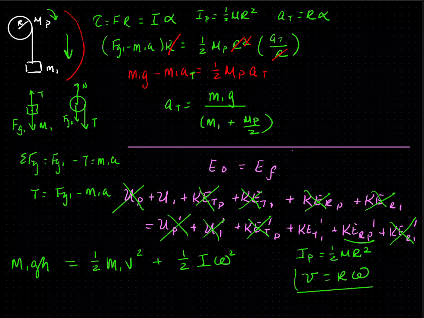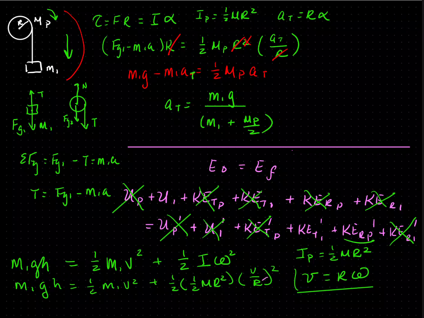So if I plug the numbers in, this is M1 g h equals 1/2 M1 v squared plus 1/2 m r squared times (v over r) squared. So at this point, I could simplify some of the math.